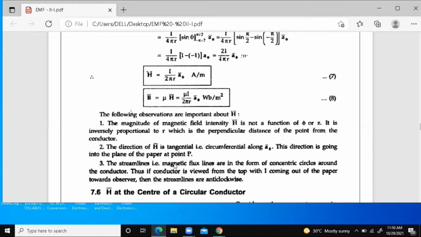The streamlines, that is the magnetic flux lines, are in the form of concentric circles around the conductor. Thus, if the conductor is viewed from the top with I coming out of the paper towards the observer, then the streamlines are anti-clockwise. All that is saying is that the magnetic field lines go around the conductor.